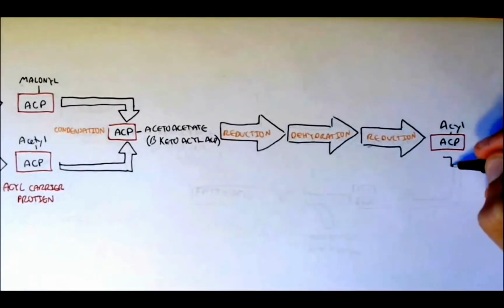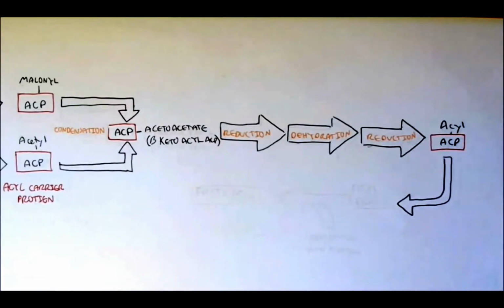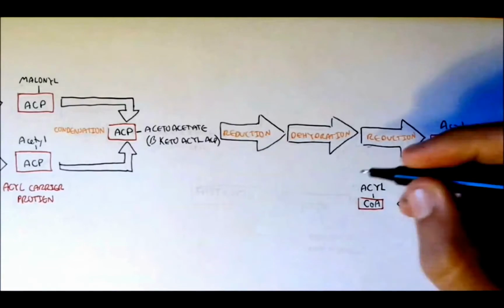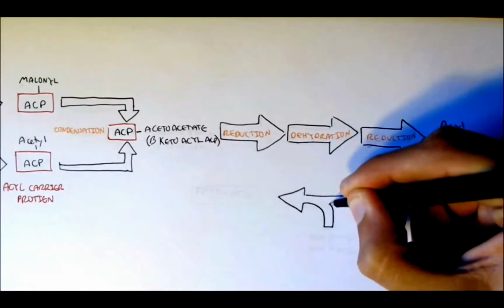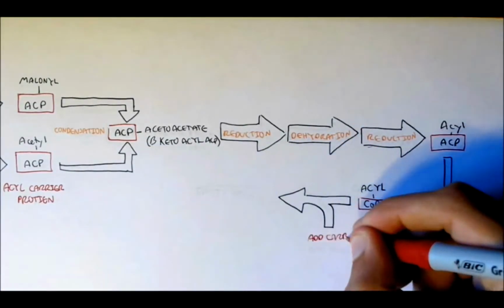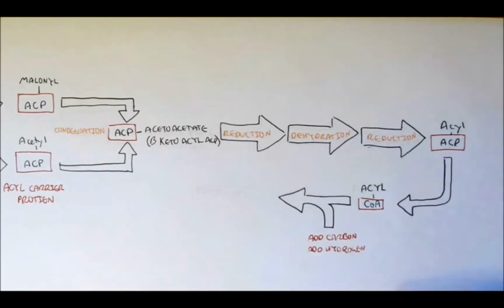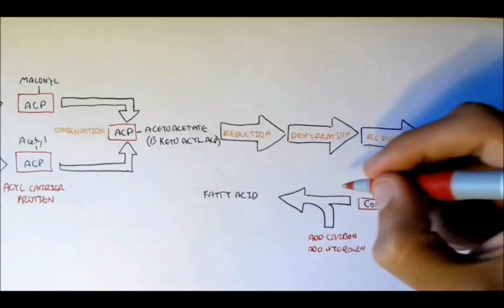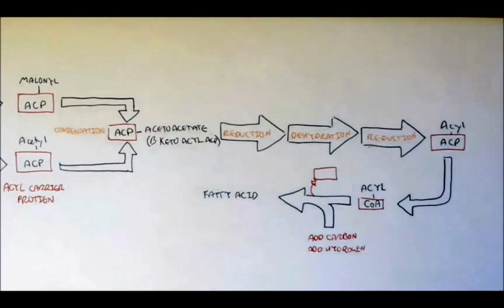Now this acyl ACP is only a short fatty acid ACP, which then leaves the acyl carrier protein and binds to a CoA group to form acyl-CoA. And acyl-CoA is still a short fatty acid chain, but by adding carbons and hydrogen with a specific enzyme, it can become a long fatty acid. And also the CoA has to be removed.